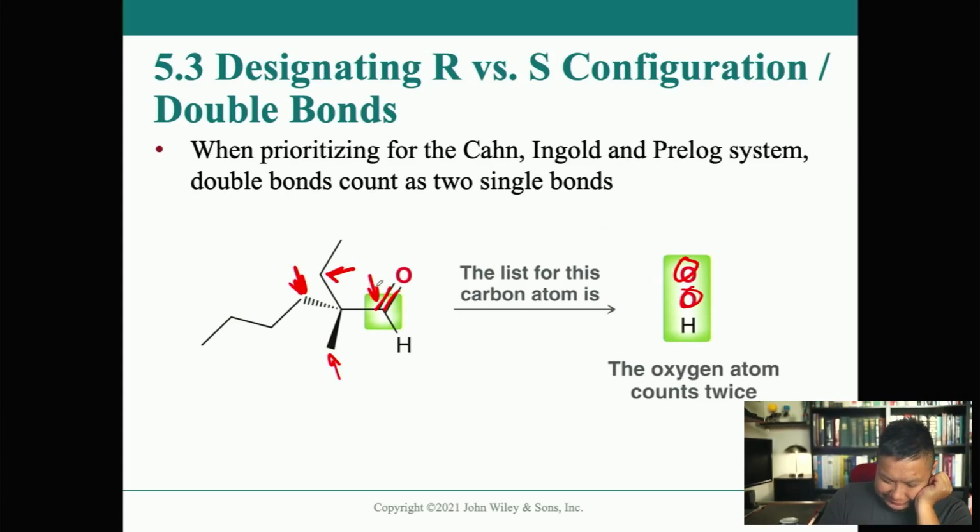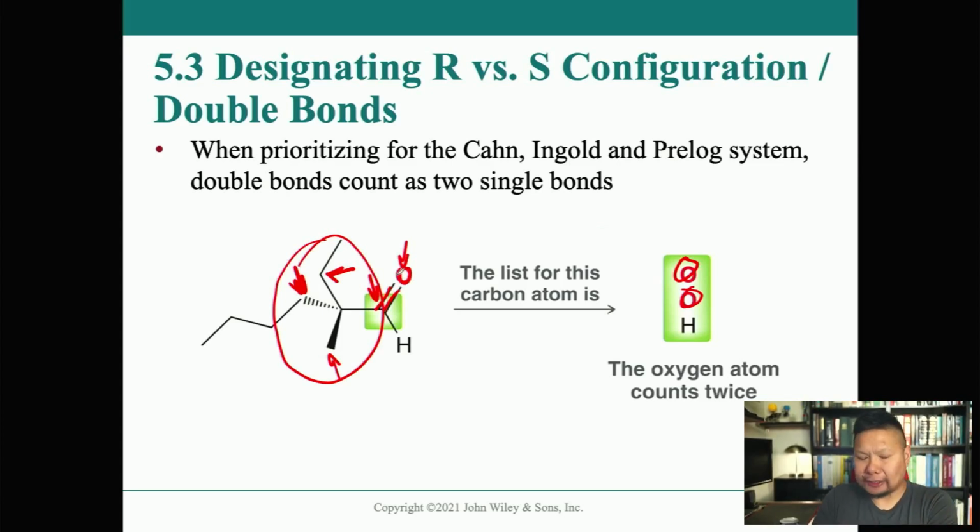No matter what happens over here, you can go through that priority later with the list of its attached things. But this carbon here will get the priority because it's got oxygens attached to it, and it has the highest atomic number. So you would start out by saying that this is number 1 right here. Okay?